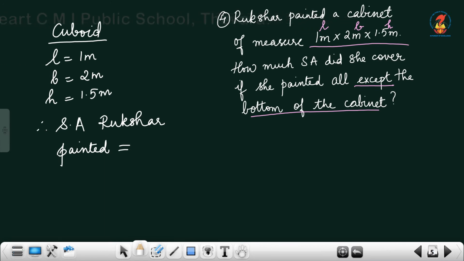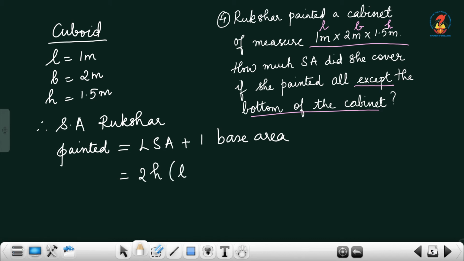She painted all the 4 walls, LSA plus the ceiling part. LSA formula 2H into L plus B plus ceiling rectangular shape, area is LB.